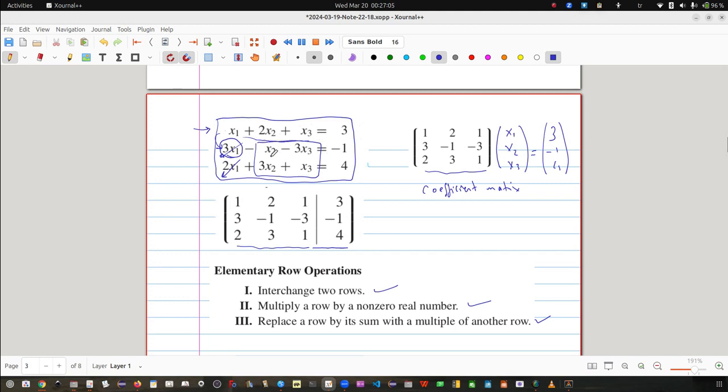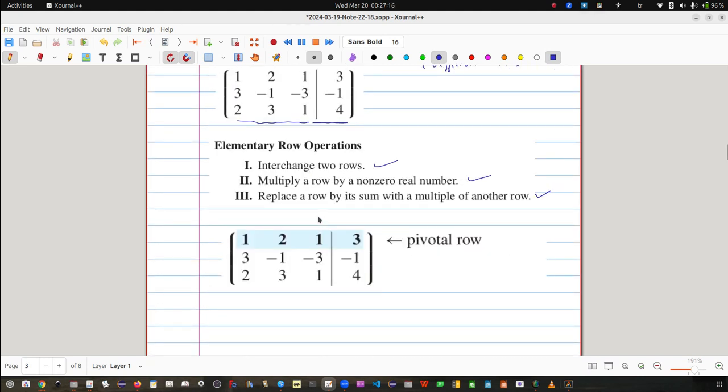And similarly, if you do the same thing for the other unknown, then you will end up in triangular form, which will be easy to solve. So we are approaching this by saying that the pivotal row means the one which you do some operation with to eliminate the corresponding variable coefficient. So in this case, the first variable coefficient is 1. So by multiplying, you get directly the same number as the corresponding coefficient in the other equation.